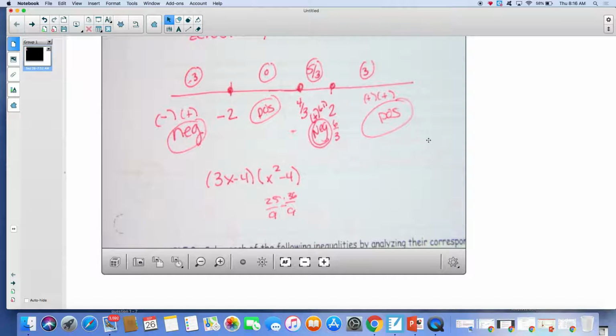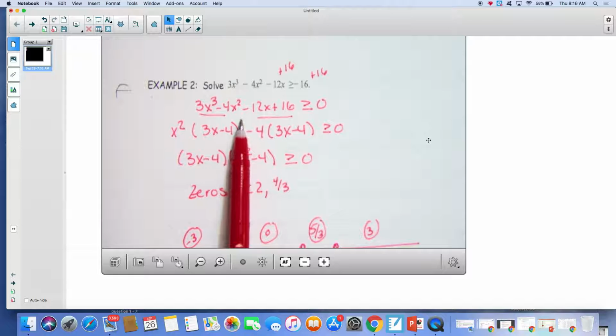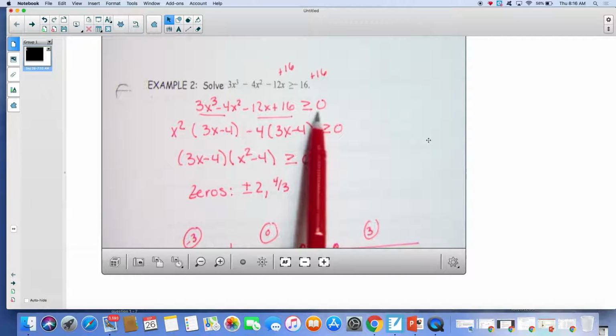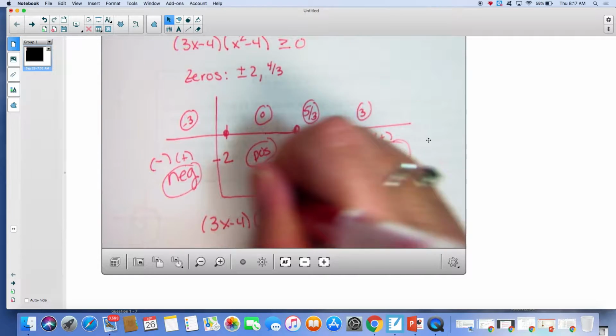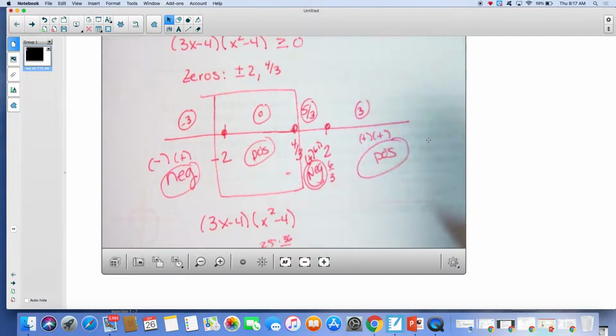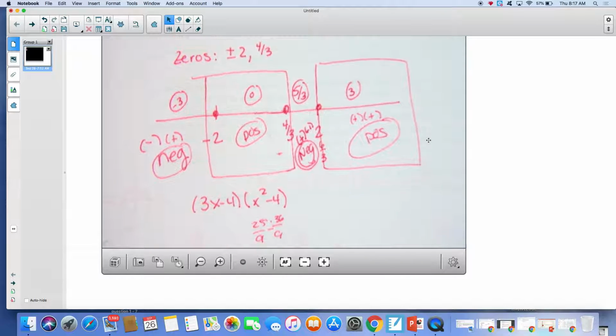So we want to know, where is this positive? Where is 3x squared minus 4x squared minus 12x plus 6 greater than or equal to 0? Well, that is on this interval and on this interval.